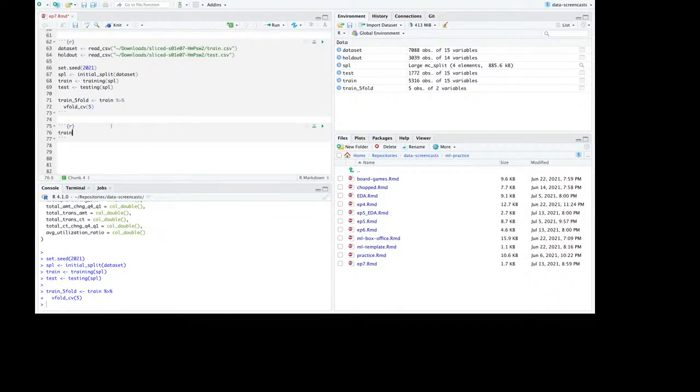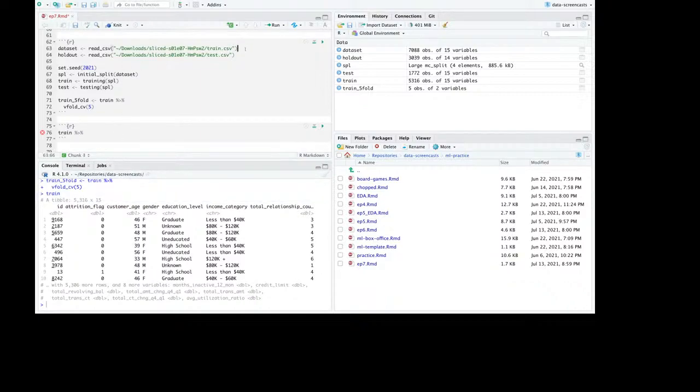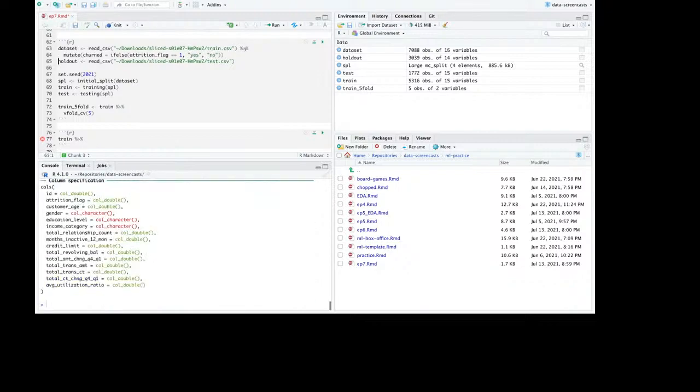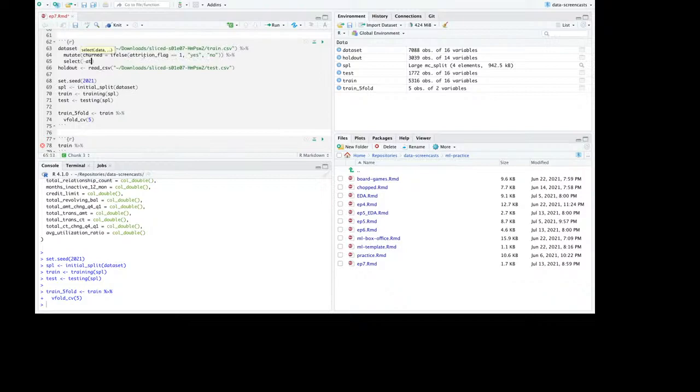Okay, now we actually can take our training data and work with it a little bit. I almost forgot. Mutate attrition, churned is if else attrition flag. I don't want to keep writing that. If attrition flag is 1, then yes, no. And run through there, and I'll select.